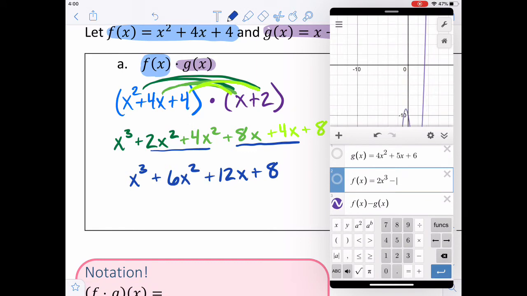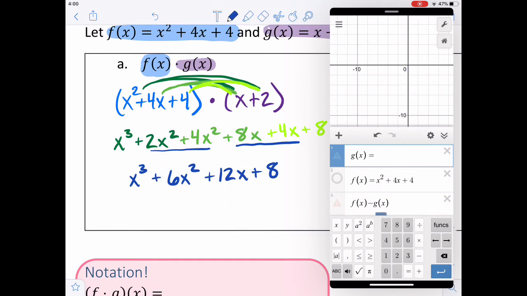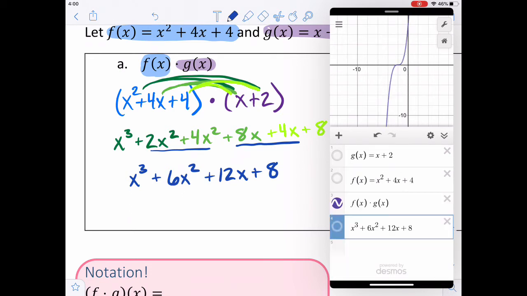So our f of x is x squared plus 4x plus 4. G of x is x plus 2. Then we can just change this to times. And then we'll put in our graph, we got x cubed plus 6x squared plus 12x plus 8. Yep, all good.